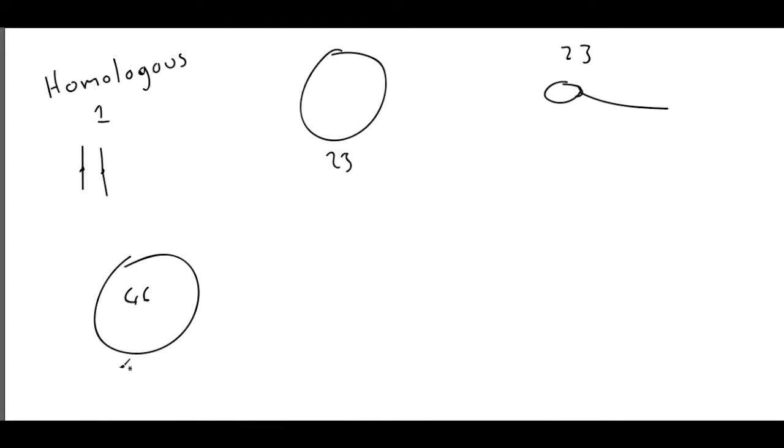It's described as 2n, and n means one set of chromosomes. So an egg has n number of chromosomes, and a sperm cell has n number of chromosomes, and when these two come together, you get 2n, 2 sets. Something that has one set of chromosomes, that is 1n, is known as a gamete. So this is a gamete, and this is a gamete.